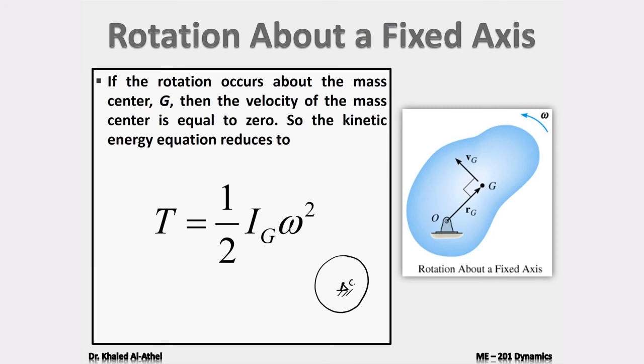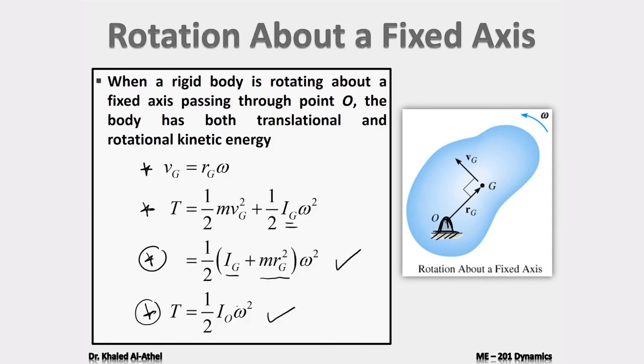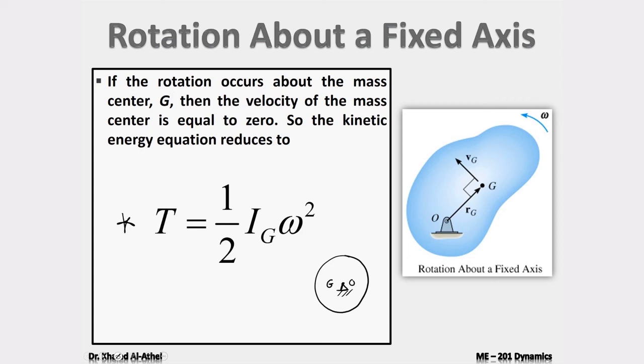In this case, this is point O, which is the same as point G. In this case, I only have T equals half IG omega squared, because if you go back to the previous equation, rG in this case is 0, and you end up only with IG. So if the center of mass and the center of rotation coincide, they are the same point, you only have half IG omega squared.